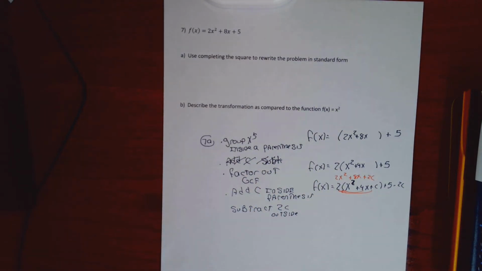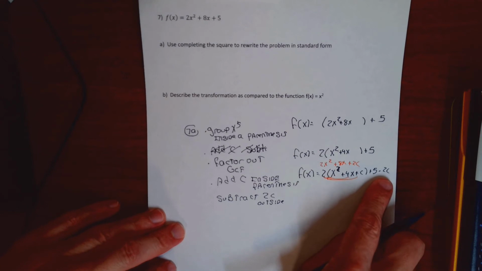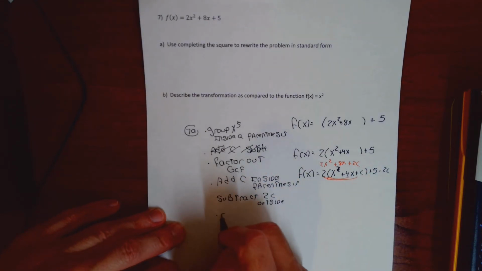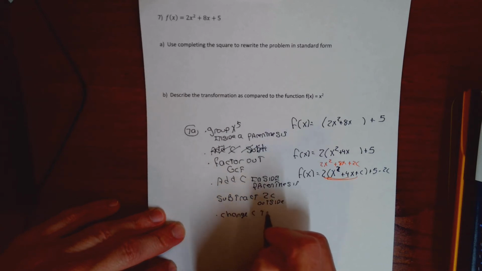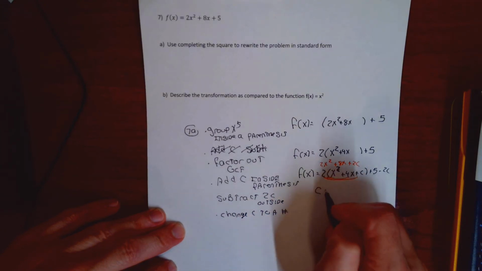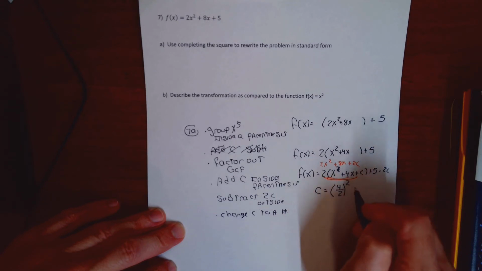So if you put a number in front of the parentheses, you need to subtract c times that number. And now I'm going to change the c to a number. So c is always the number in front of the x to the first power term, first divided by 2 and then squared.